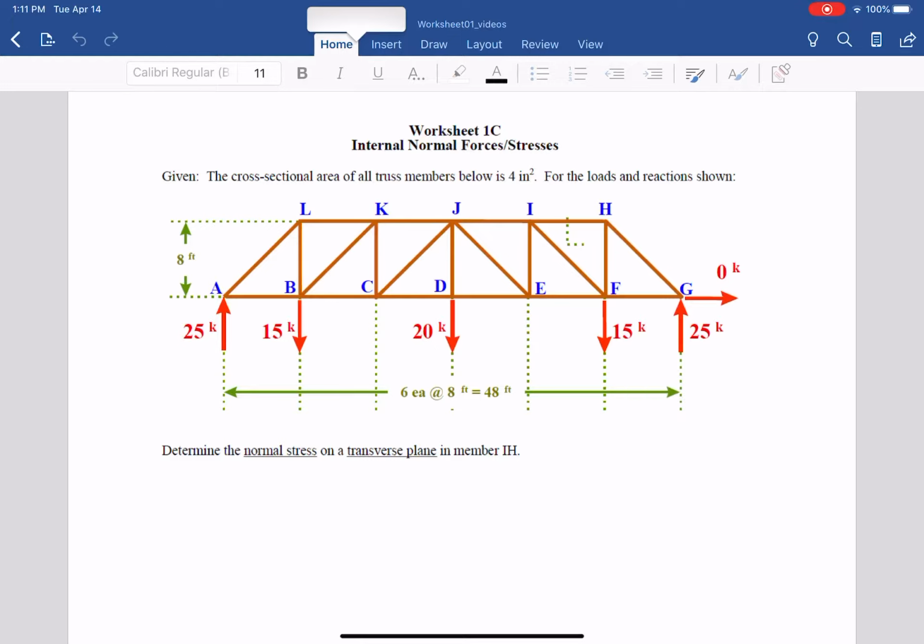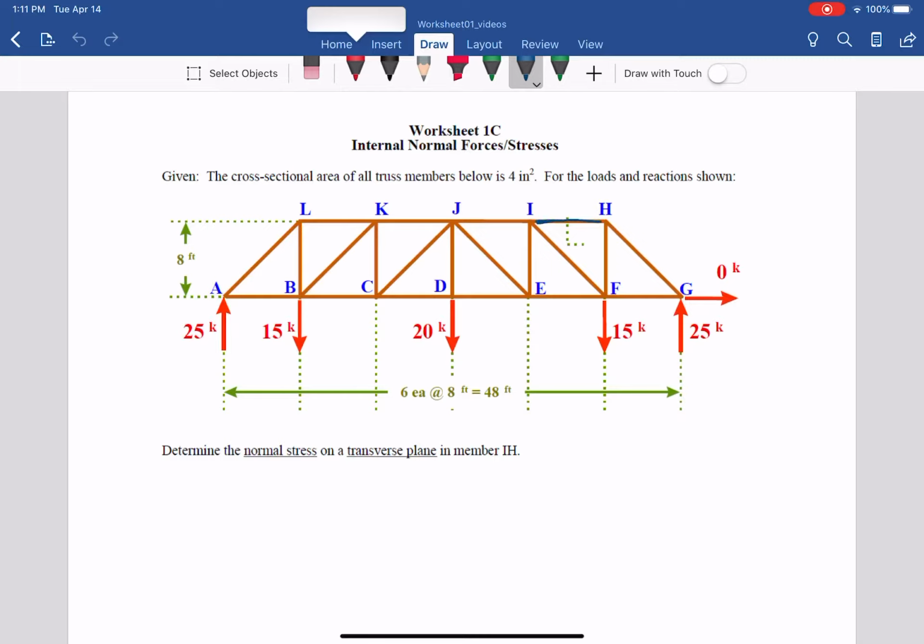For the load and reaction shown, determine the normal stress on a transverse plane in member IH. Member IH is the member of interest.